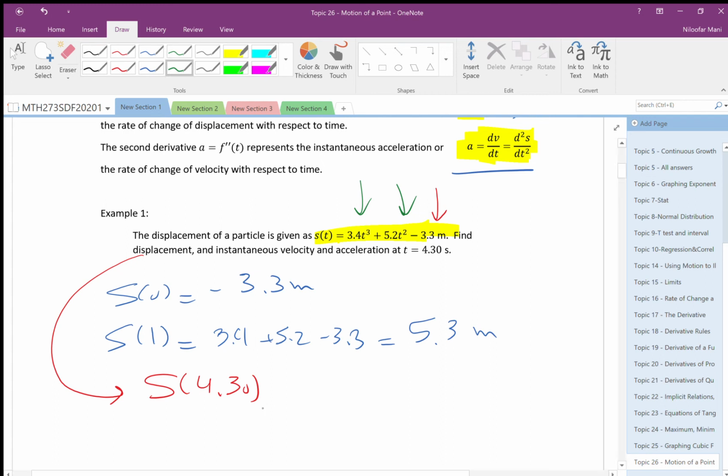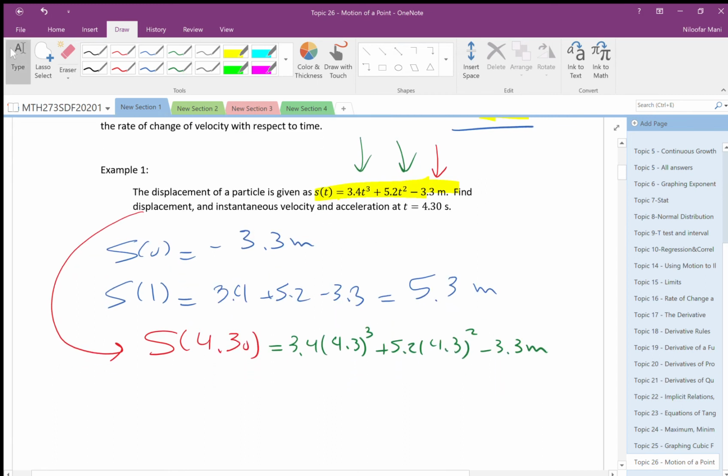Okay, so let me do it. It is 3.4 times 4.3 cubed plus 5.2 times 4.3 squared minus 3.3 meters. Okay, and you have to find the answer.